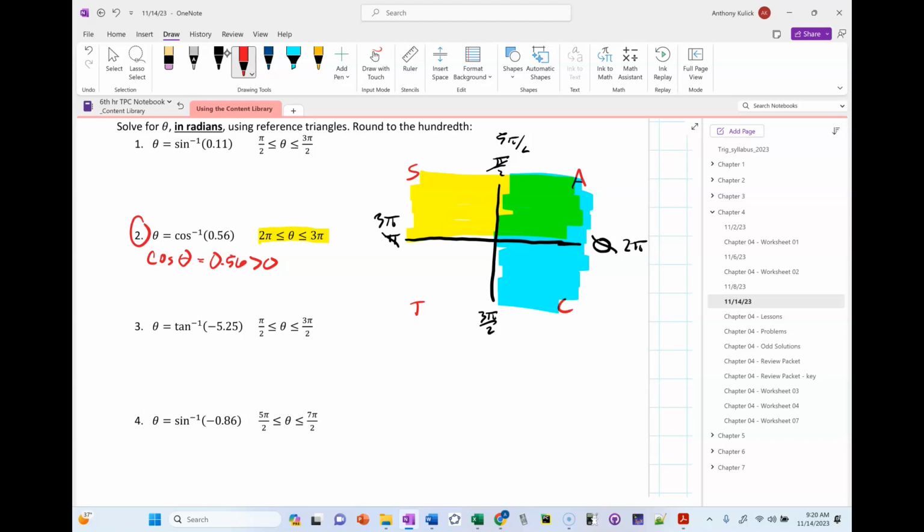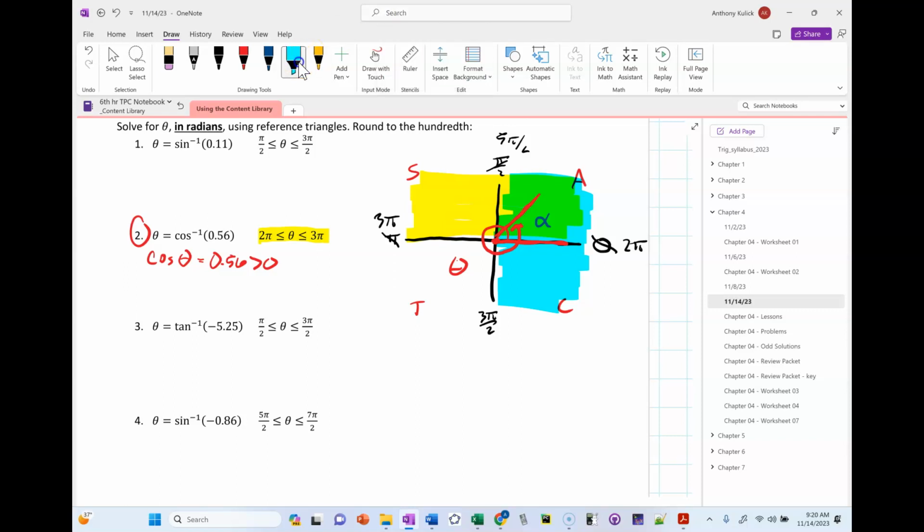Alondra, are you okay with how I did that? So I'm going to draw my initial side, and I'll just draw my terminal side somewhere in there. And then to get to this, I have to go like that. So there's my theta. My alpha is going to be the angle formed between the terminal side and the x-axis.